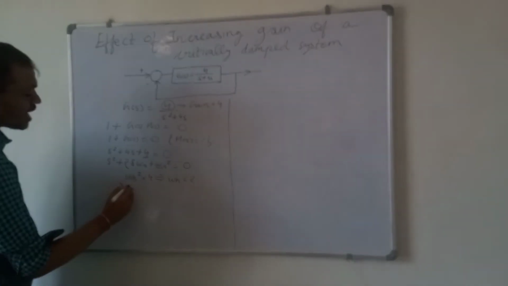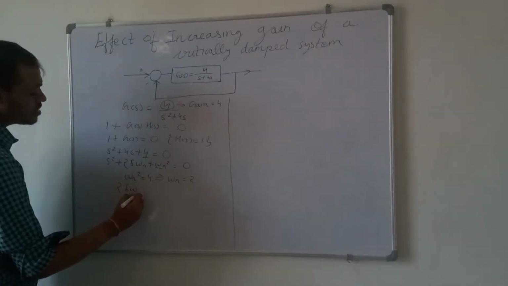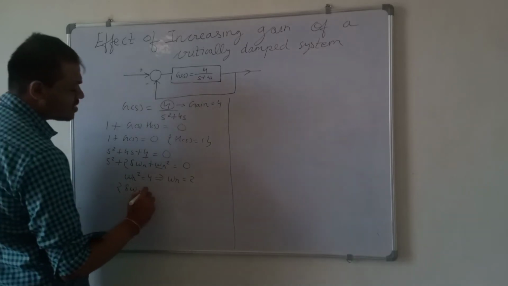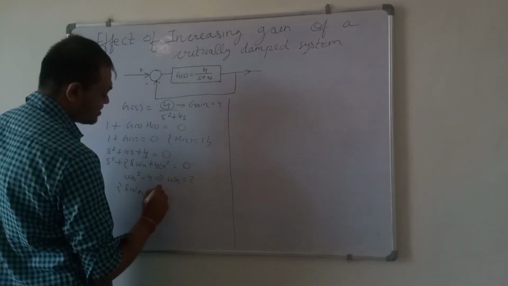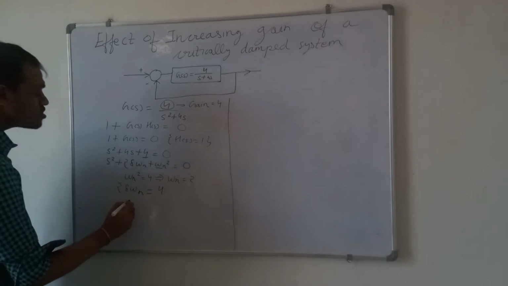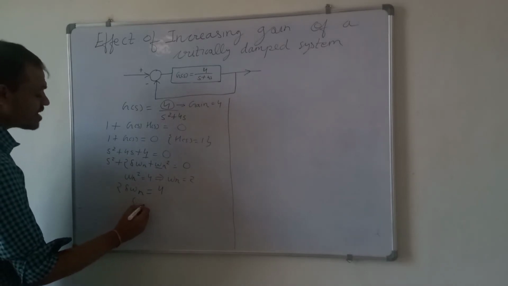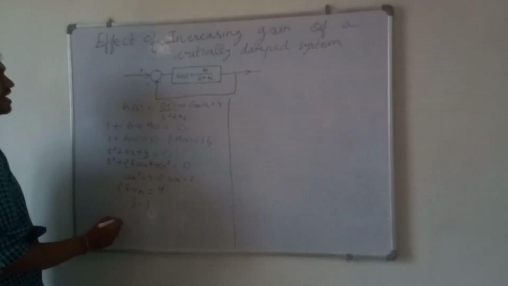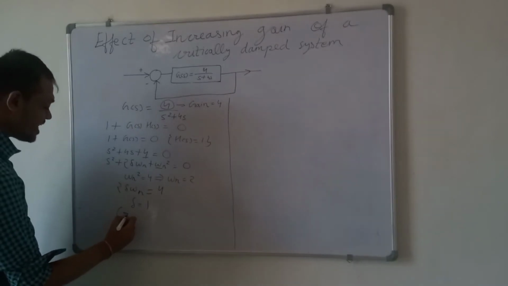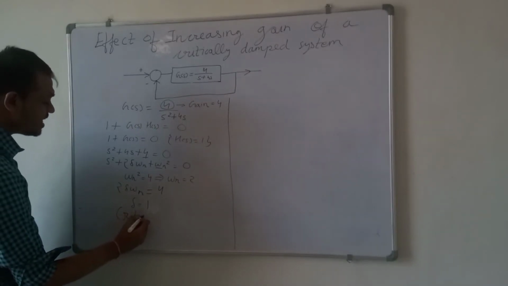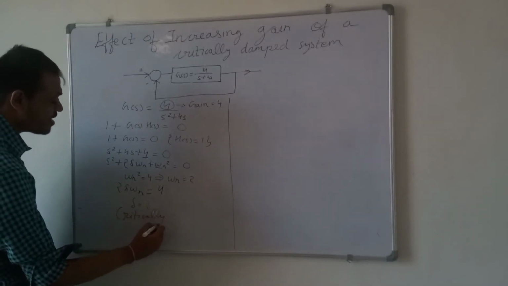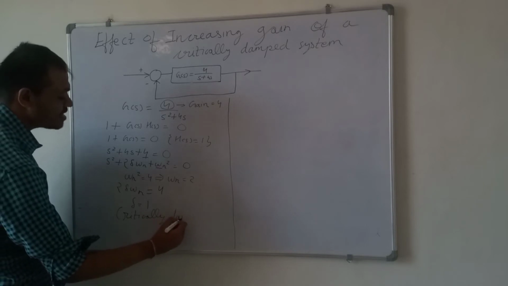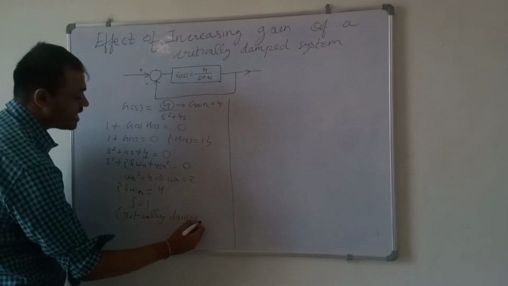And 2 times damping ratio times omega n, the natural frequency, is 4. If you solve this, then damping ratio is equal to 1. Damping ratio equal to 1 means critically damped system. So the system is critically damped.